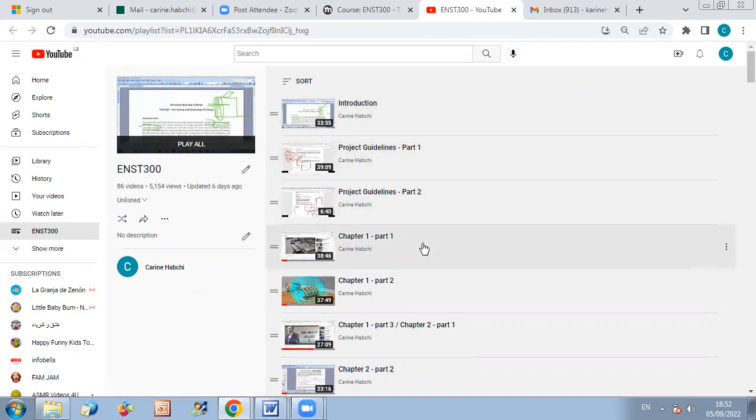Now we'll start with chapter 1. For this week, I expect you to go over chapter 1, part 1, part 2, and part 3. This is an introduction to the course material, and from chapter 2 we'll start with equations and problems.